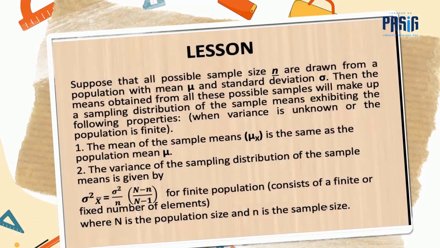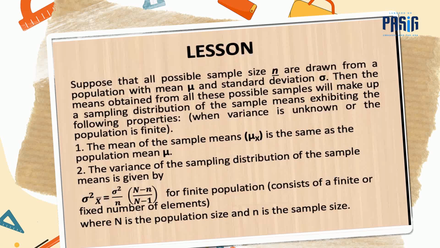For our lesson, suppose that all possible samples of size n are drawn from a population with mean mu and standard deviation sigma. Then the means obtained from all these possible samples will make up a sampling distribution of the sample means exhibiting the following properties.